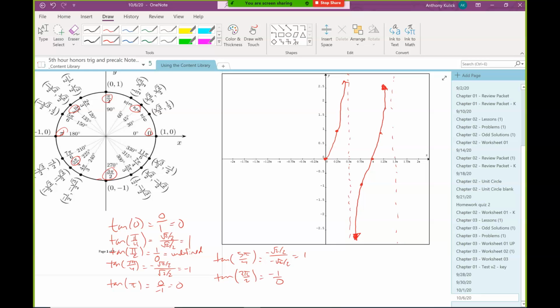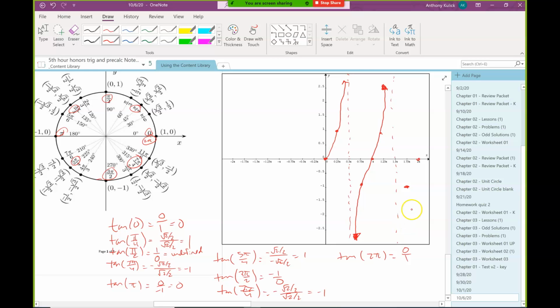So if we continue, tangent of 7 pi over 4, again, is going to be y over x, so negative root 2 over 2 over root 2 over 2, or negative 1. And then back here now to 2 pi is going to be 0 over 1 again.